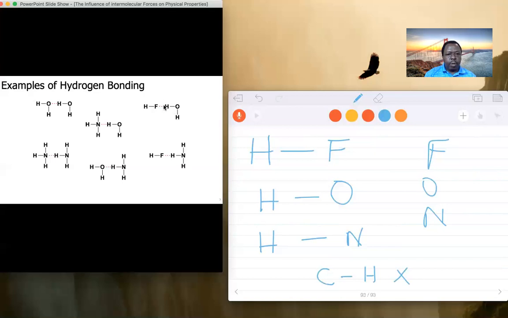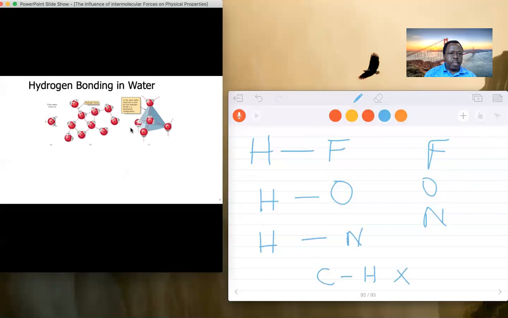This is an example of hydrogen bonding. There is oxygen, hydrogen; there is fluorine, hydrogen; and there is nitrogen, hydrogen. These are the only three elements on the periodic table used to define hydrogen bonding.